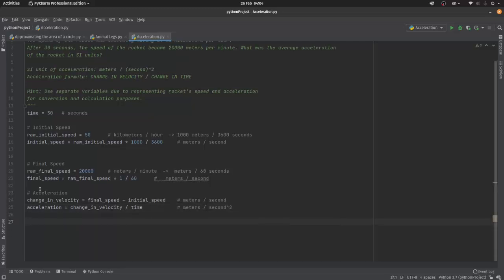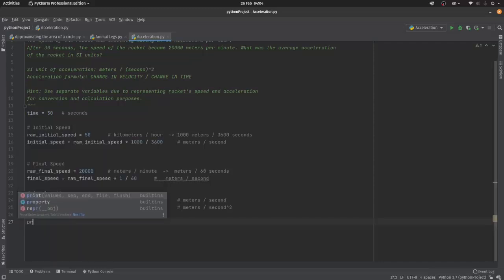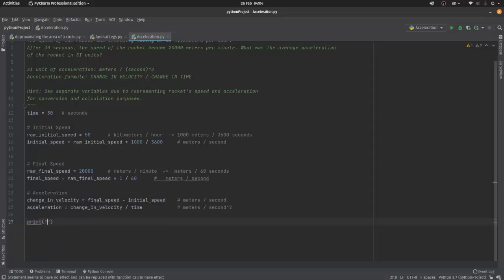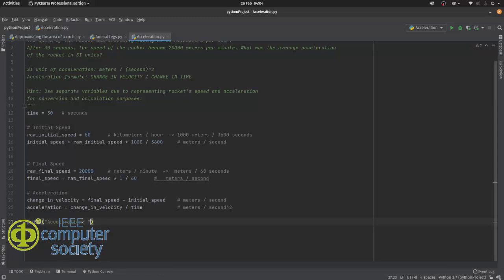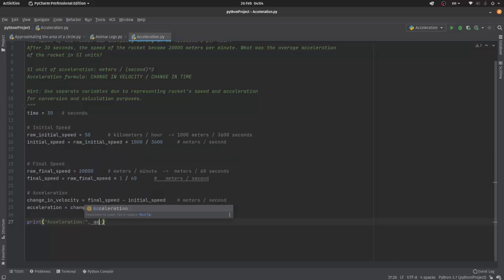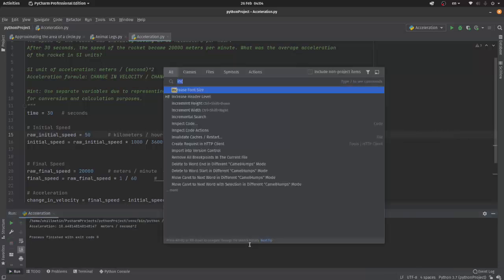Now that we have the value of acceleration, it is time to print it. We'll print acceleration, then the value, then meters per second squared. Let's try it out.